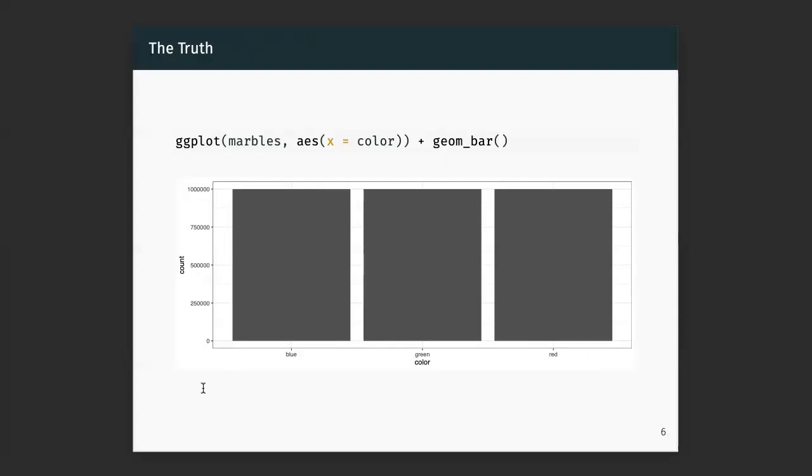Every single marble in that bag has a 1 over 3 million chance of getting drawn, and they all have the exact same probability of getting drawn. That's what we mean by a simple random sample. Every single element in the vector has an equal probability of being selected. It's not affected by anything. It's a uniform distribution. Everything has the same probability.